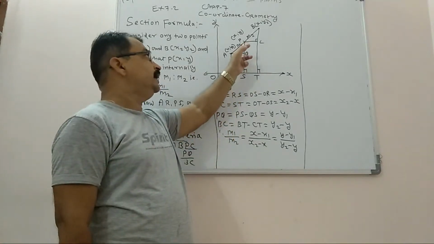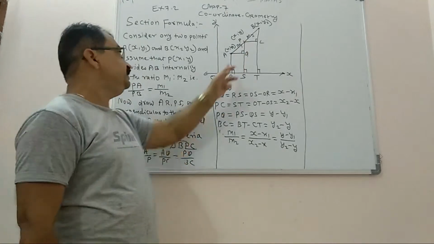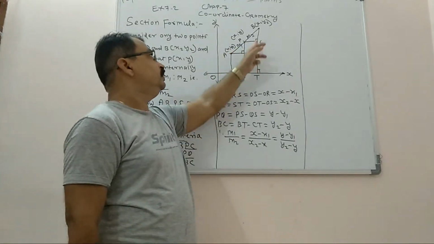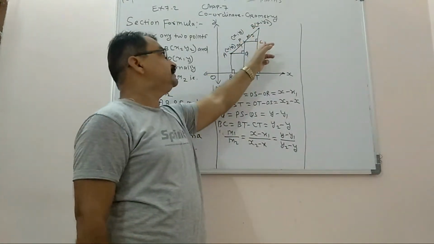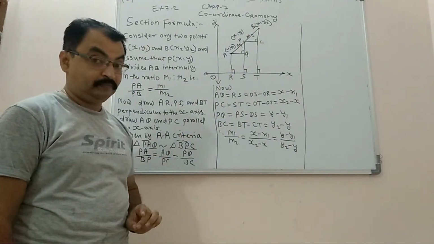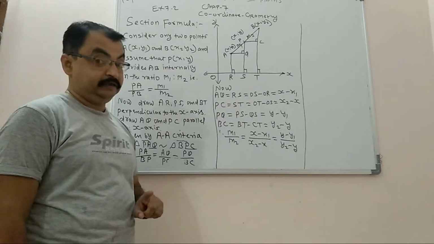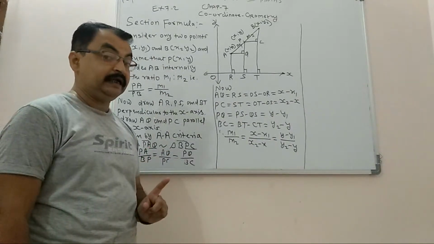Now what do we do? We show that these two right triangles, PAQ and BPC, are similar to each other. How will they be similar? By angle-angle criteria. Why will they be similar by angle-angle criteria?